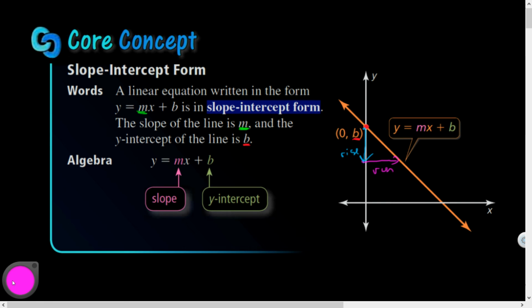And the slope is equal to the rise over the run. Right? Oh man, I'm all over the place with my colors today. Rise and run. Right? So those are the two components I need.